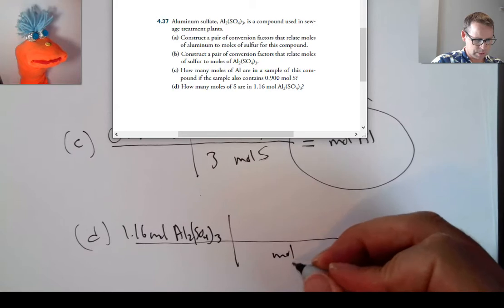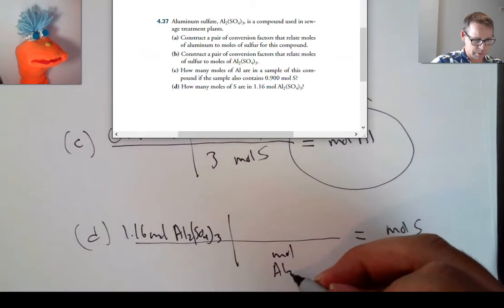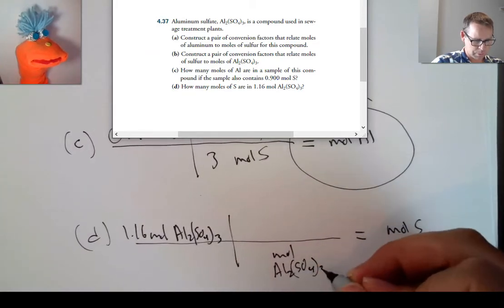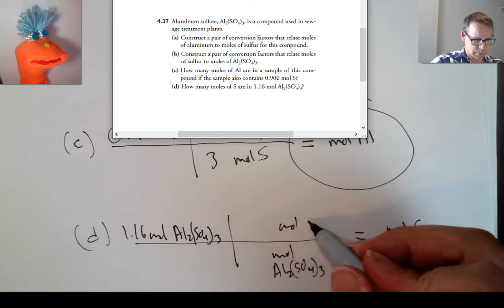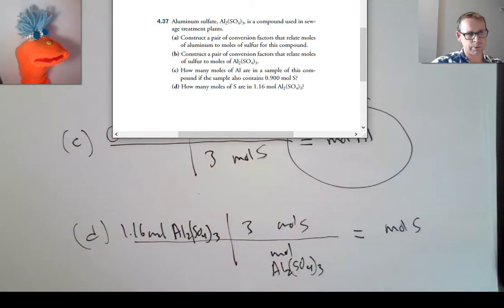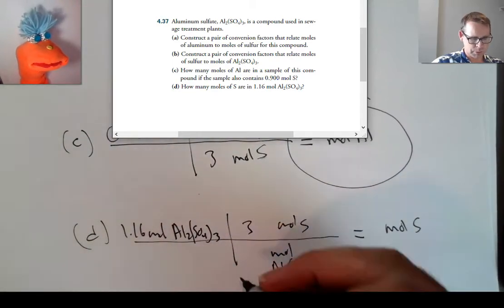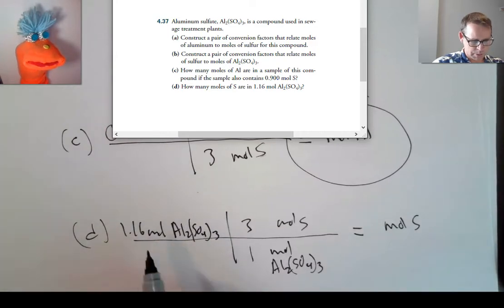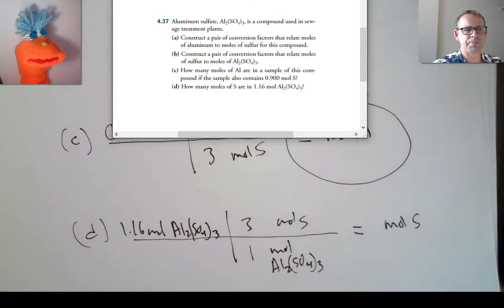And then I just need to relate moles of aluminum sulfate to moles of sulfur. Yeah, and there's 2, right? No, 3. That's right. 3 moles of sulfur for every 1 mole of aluminum sulfate. So 1.16 times 3 is going to give us our answer there.